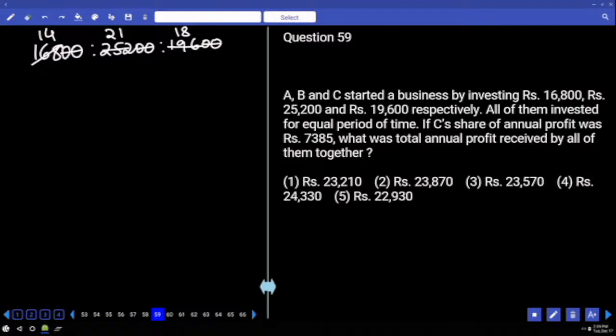Not 12 18 times, it is not cancelling with 12. 12 1s are 12, will it be 76? Please respond. Let's cancel with 14. 14 how many times? 14 12 times, 14 18 times. 14 14 times, 14 times 2, 2. 2 7 times. Share of C is 7 parts, value given 7385. Yes or no?